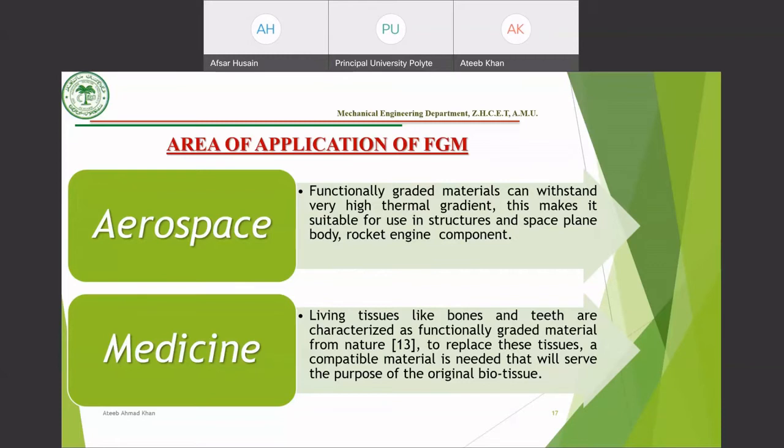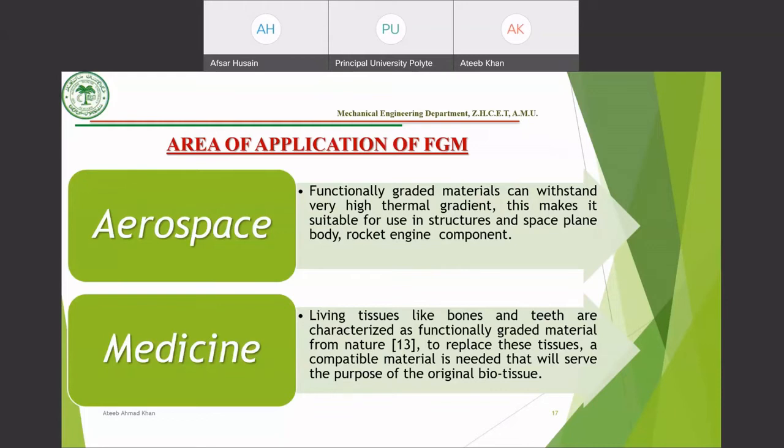There is a law given by Wolff, and we call this Wolff's law. Our bones are very, very smart structures. Bone remodels itself in response to the load it is placed under.